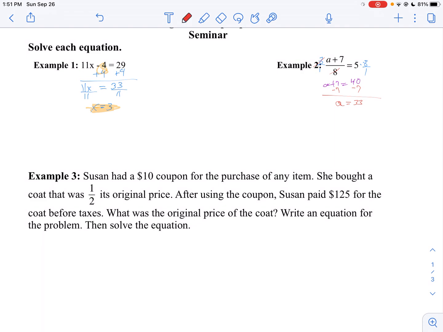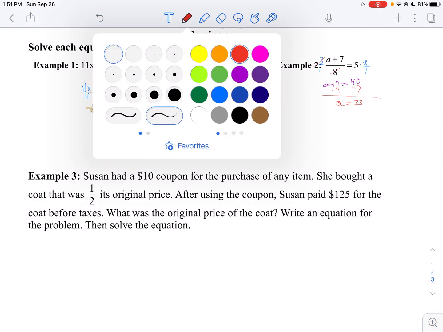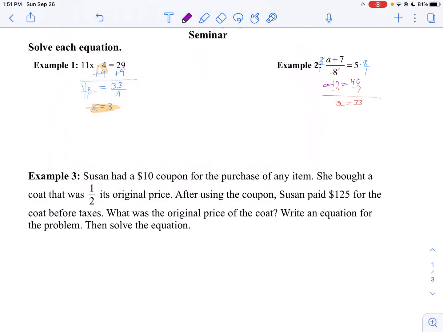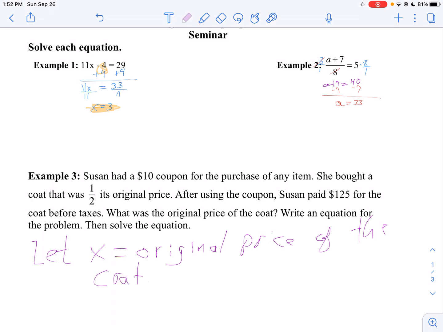And when you're doing a word problem or an application problem like this, always define your variable. I call them let statements. In this case, I'm going to let x equal the original price of the coat. Now I'm going to write my equation from there.